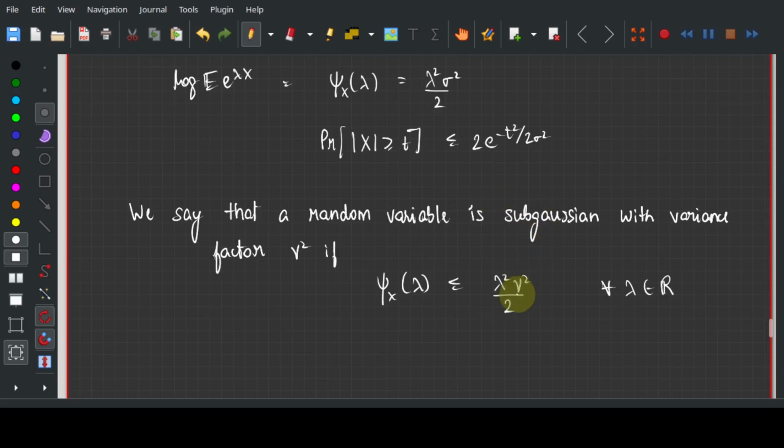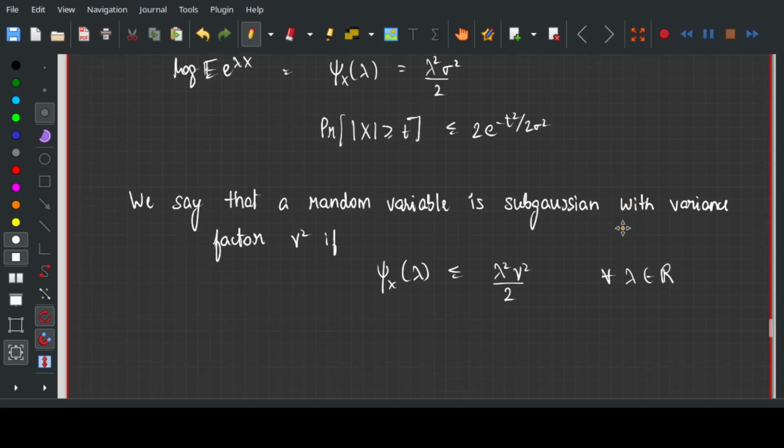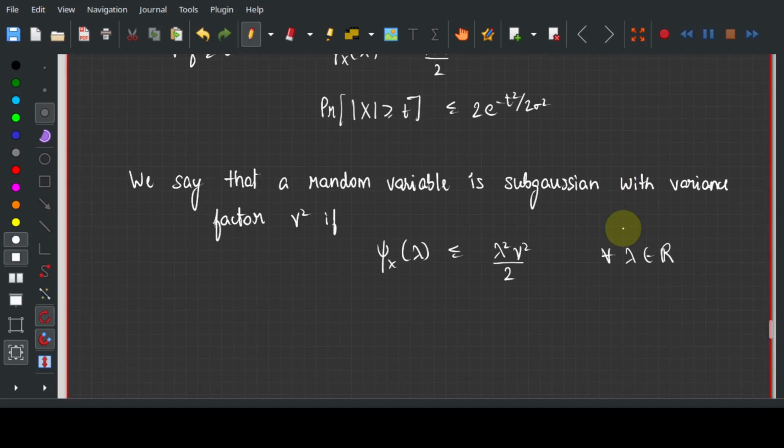And the constant that we have over here is what we call the variance factor, right? Any questions so far? Right. So this is just a definition. So we'll go over this one by one. What are the consequences of a variable being sub-Gaussian, and why do we call this the variance factor?